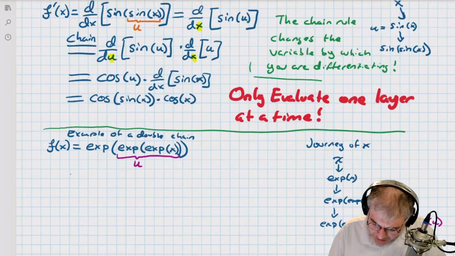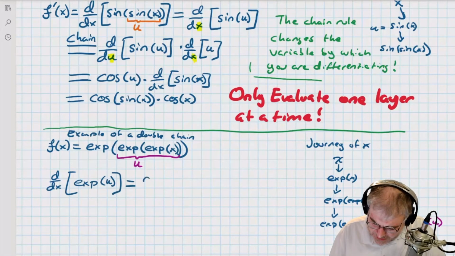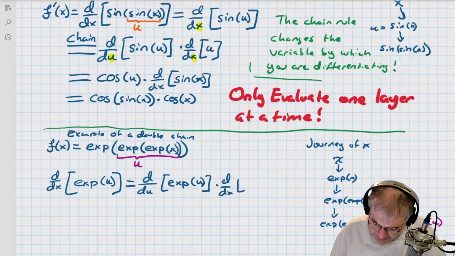So then I've got d over dx of exp of u equals d over du of exp of u times the derivative with respect to x of u.